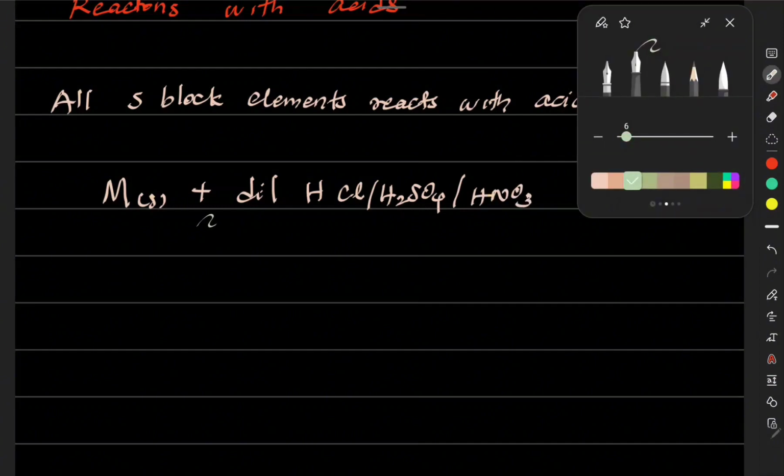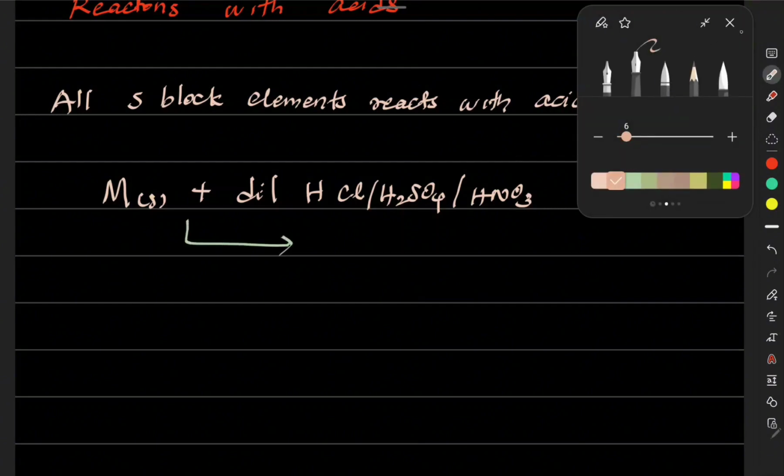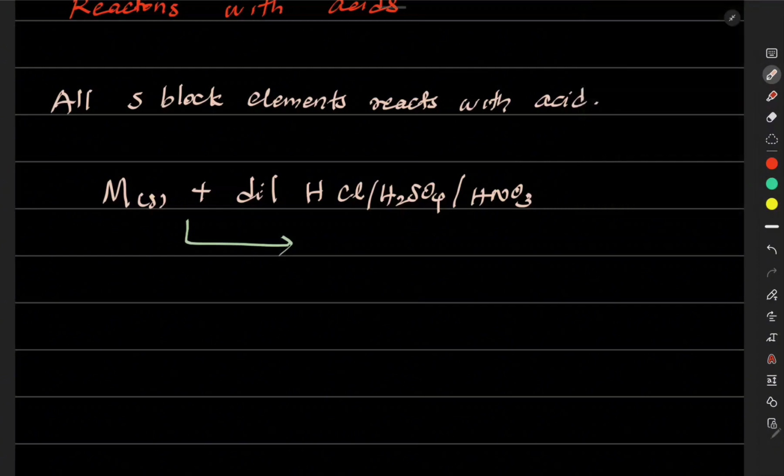They form salts of the acid. For example, metal chloride. If it reacts with sulfuric acid, metal sulfate. If it reacts with nitric acid, they form metal nitrate.